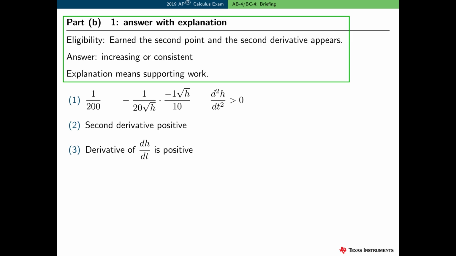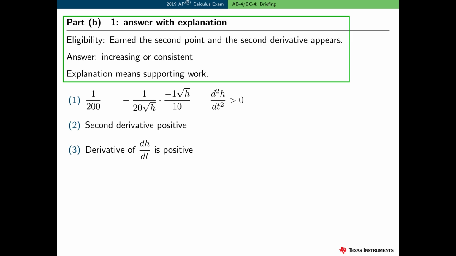The third point in Part B was for the answer with sufficient explanation. And there was an eligibility criterion here. The student must have earned the second point, that's the chain rule point, and the second derivative of h with respect to t must appear. Now, the student's answer must say increasing, or it must be consistent with their incorrect derivative.